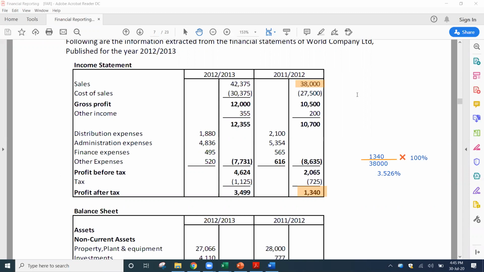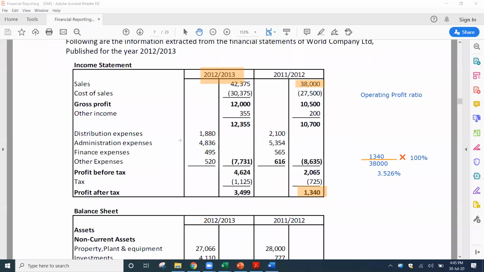Now, very important, operating profit ratio. Tell me what the operating profit ratio is for 12-13. Operating profit ratio equals operating profit divided by sales.